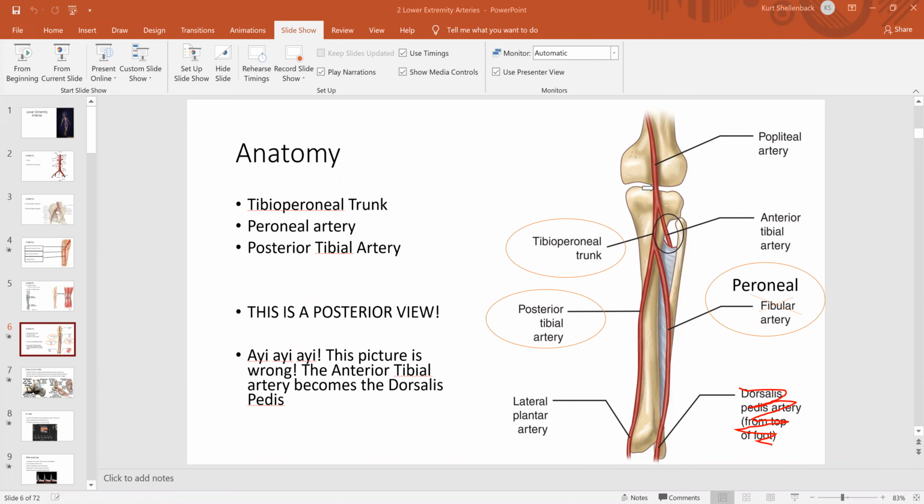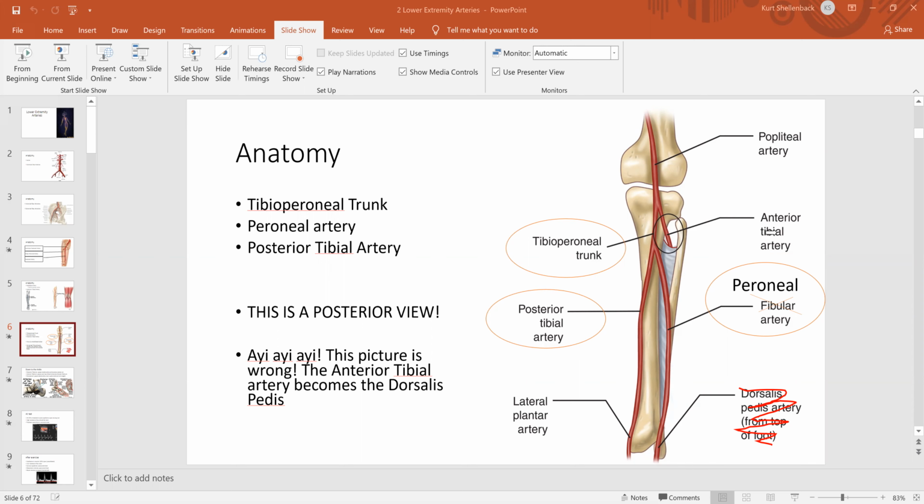So popliteal artery. At this point, they're not showing it because it's not considered part of the deep arterial system, but the gastrocnemius comes off at this point. And then the anterior tib. See this coming off at kind of a low angle. Well, a lot of times it comes off, goes straight up and then down. And it will define the anterior tibial artery, just like the anterior tibial veins.